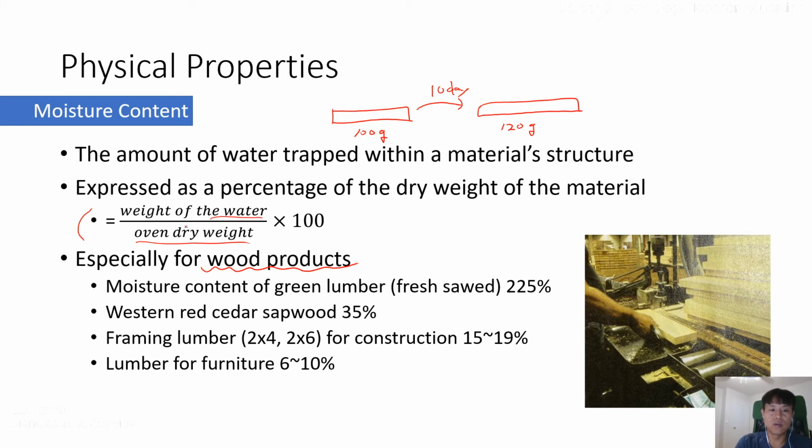So what's the percentage of moisture for this case? Use this formula. Oven dry weight was 100, and then the weight of water. That means the material became 120 from 100, so 20.